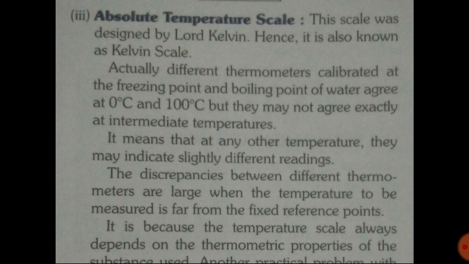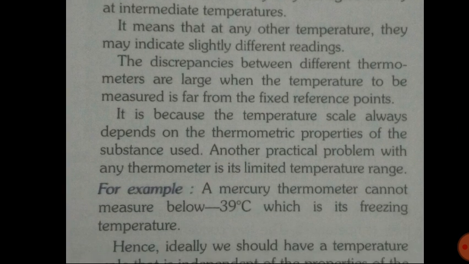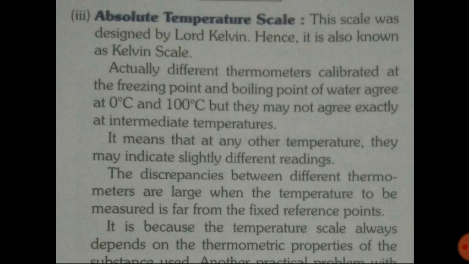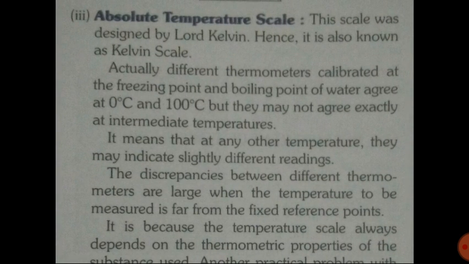It means that at any other temperature they may indicate slightly different readings. So let me first tell you the phenomenon of the absolute scale, then we will continue with this scale.